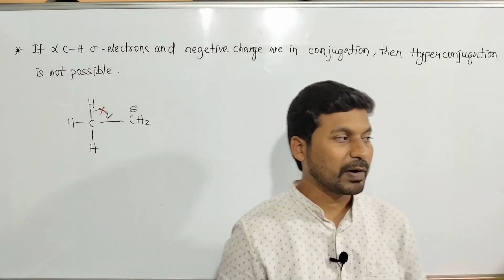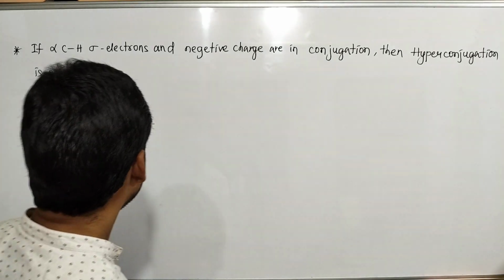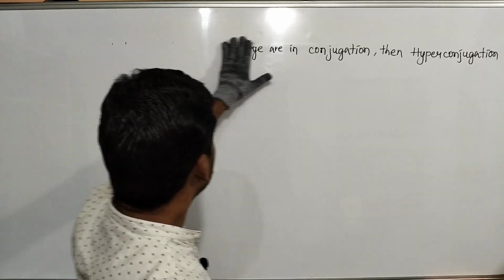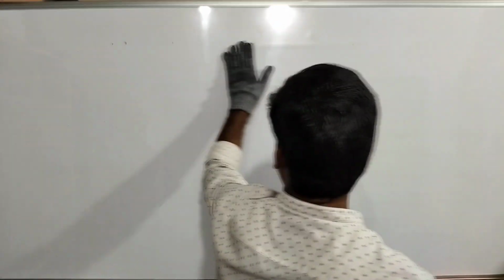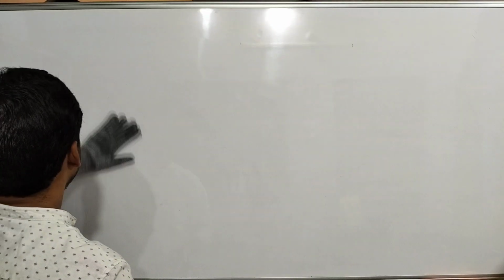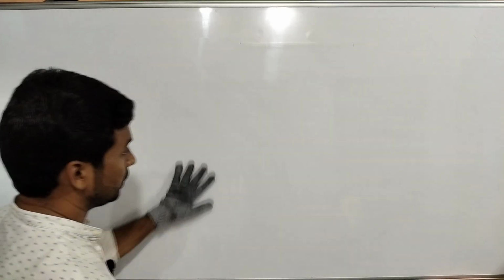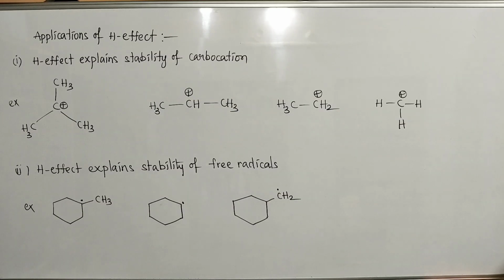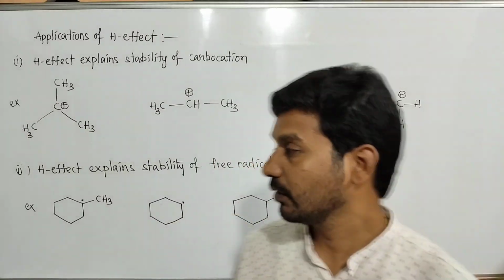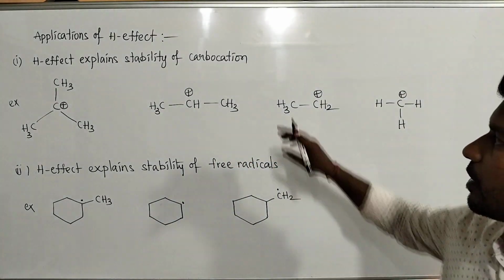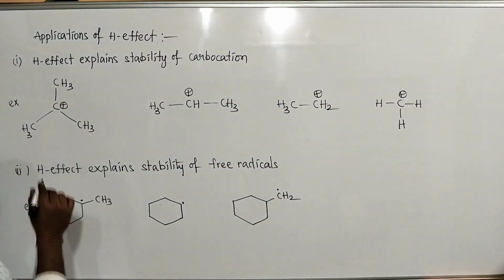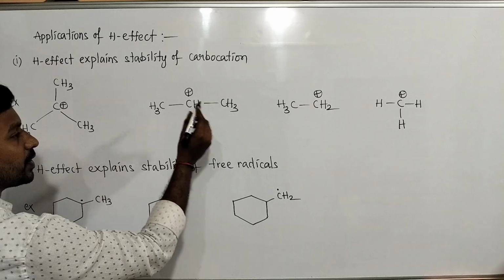Now I will give some applications of hyperconjugation. Hyperconjugation explains stability of carbon free radical and stability of carbocation. See, this hyperconjugation explains stability of carbocation, stability of free radical also. So here carbon carrying positive charge.